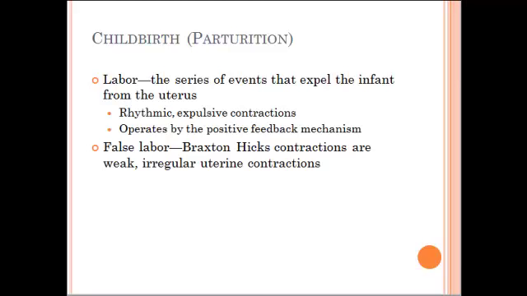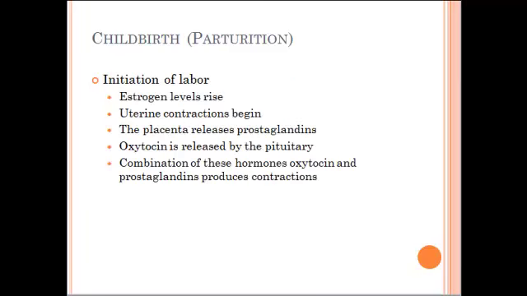There's false labor, Braxton Hicks contractions, which are uterine contractions, but they're not strong contractions that are going to push the baby, remove the baby from the mother's womb. Initiation of labor is caused by rises in estrogen, and then that's going to cause uterine contraction.